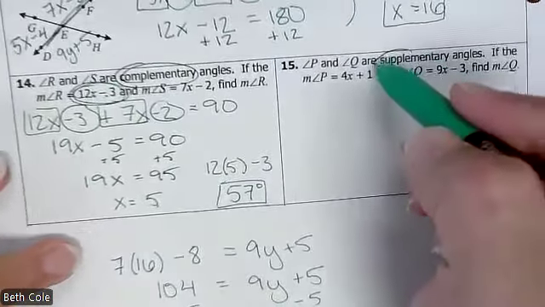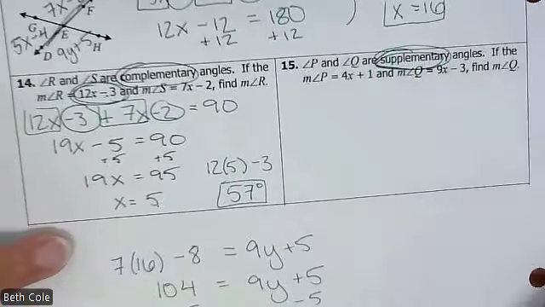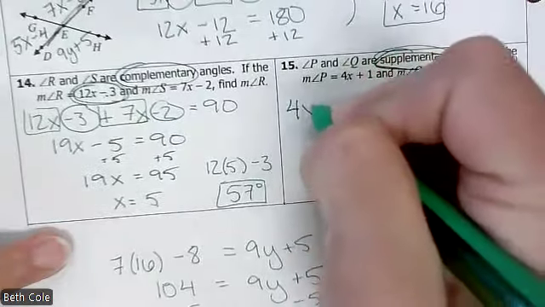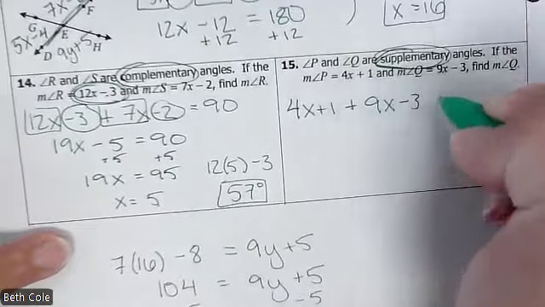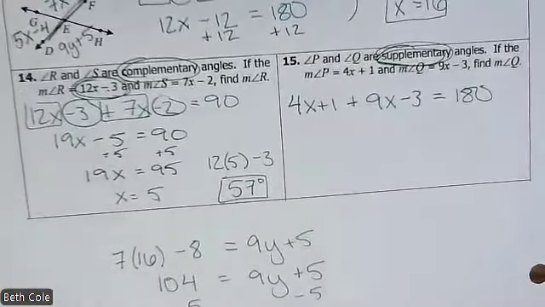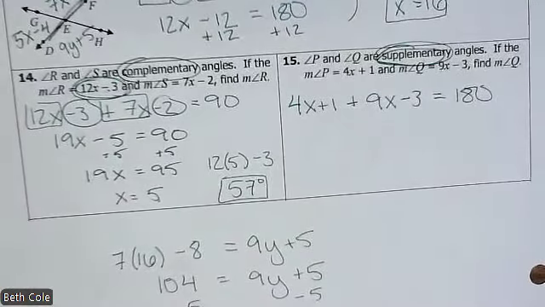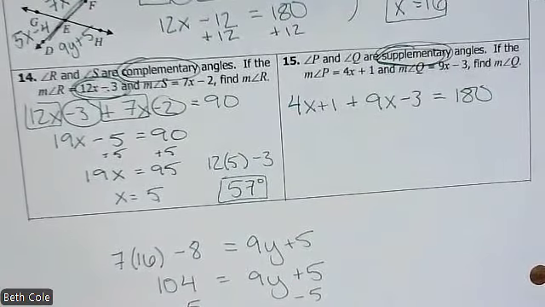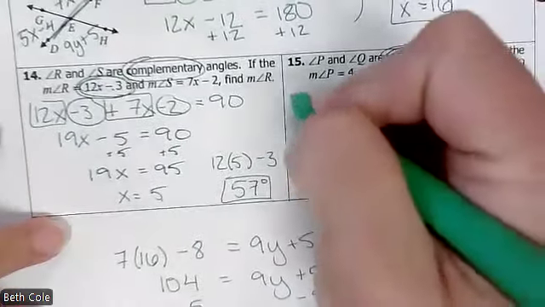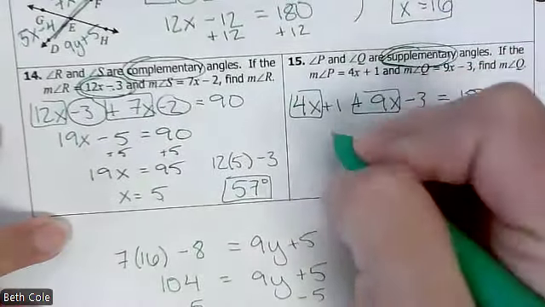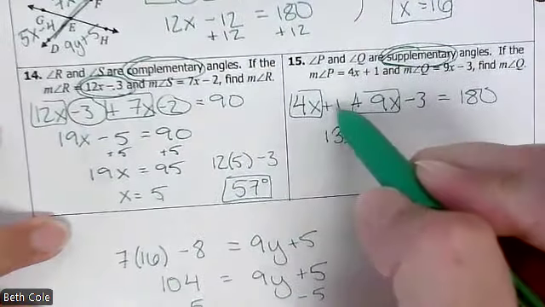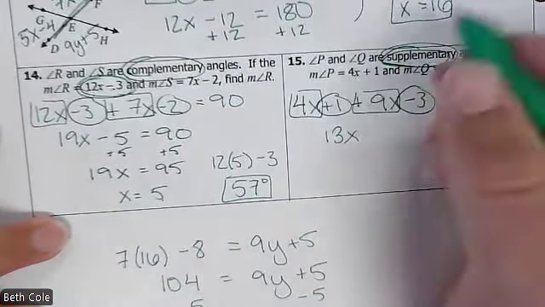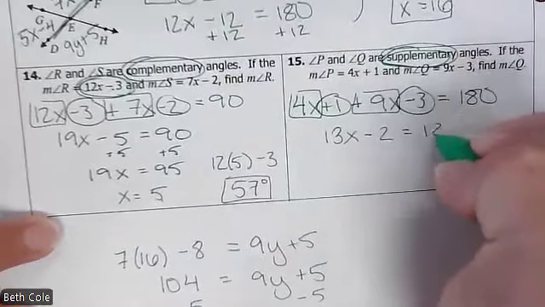All right, last one. P and Q are supplementary. That means they add up to 180. So you're going to take 4x plus 1 plus 9x minus 3 equals 180. That will give you 4x plus 9x be 13x, 1 minus 3, negative 2.